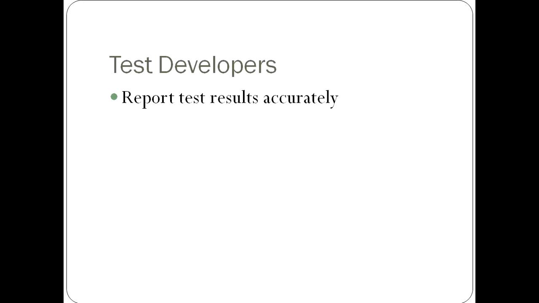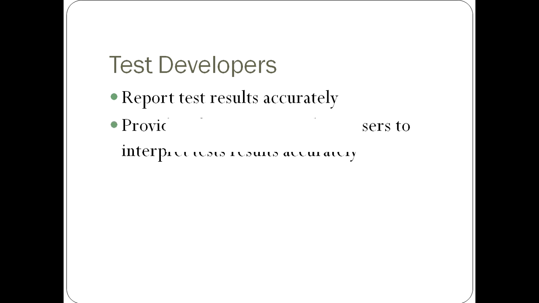Now, test developers have the responsibility to report test results accurately and to provide information to aid test users to interpret test results accurately. Accurately being the key word here. It's very easy to take a test result and to get the wrong answer.